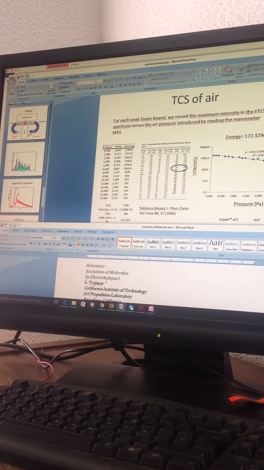Before ending, I would like to cite first a good reference which guided my presentation, which is Excitation of Molecules by Electron Impact by Strashmar from California, which is an old paper.